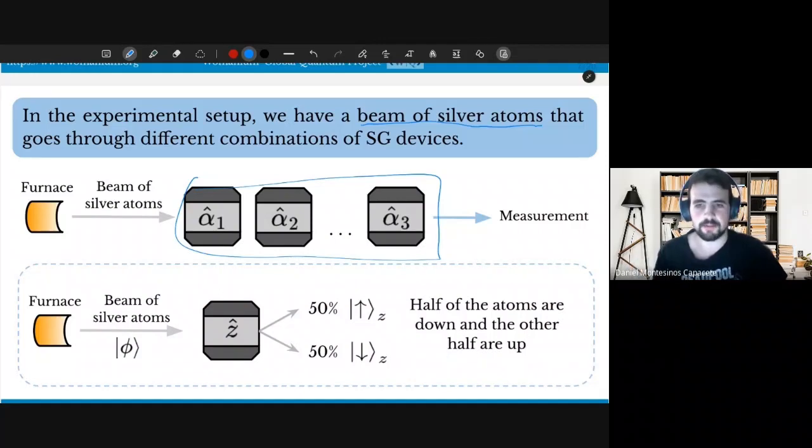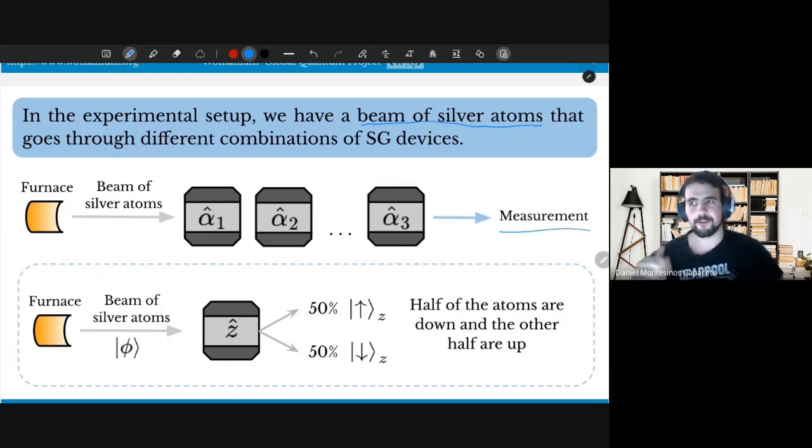I mean, we can set this up as we want, do the measurement, and after that, we can try to make some conclusions about what is going on inside.